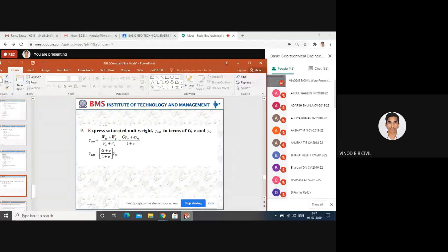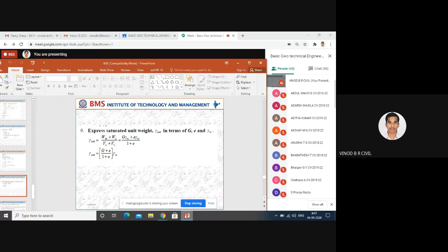Next mathematical expression is saturated unit weight, gamma sat, in terms of G, e and unit weight of water, gamma w. Gamma sat is equal to weight of water plus weight of soil divided by volume of soil plus volume of voids, equals G into gamma w plus e into gamma w, divided by 1 plus e.